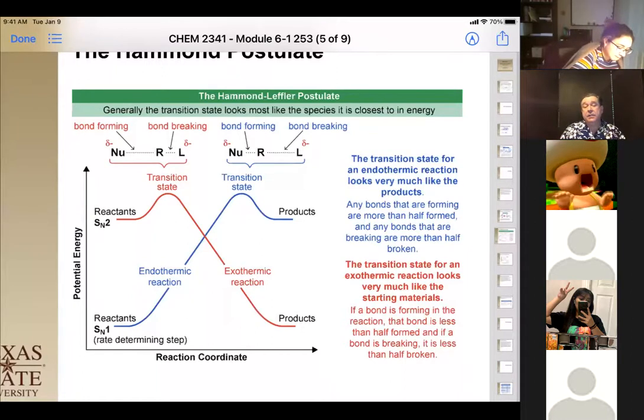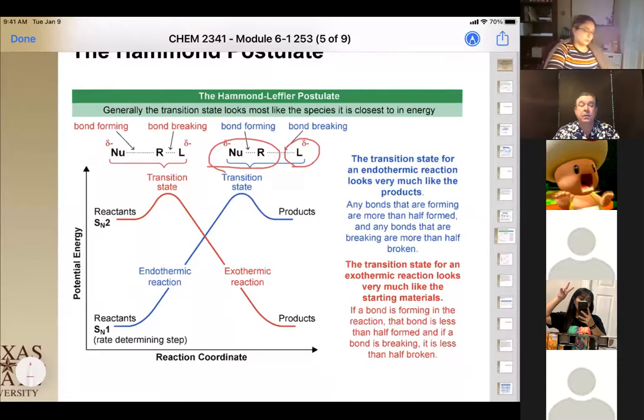In the opposite of that, in an endothermic reaction where the products have higher energy, that means the bond that it's breaking is weaker than the bond that it's forming. So if the bond breaking is weaker than the bond it's forming, the transition state is going to look more like the product than the reactant.